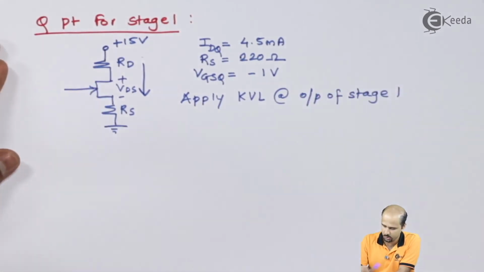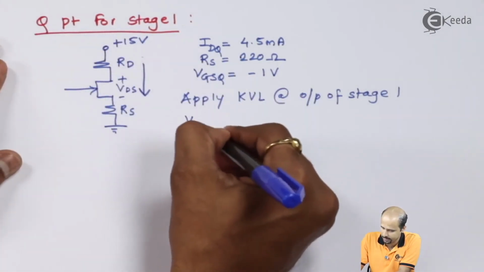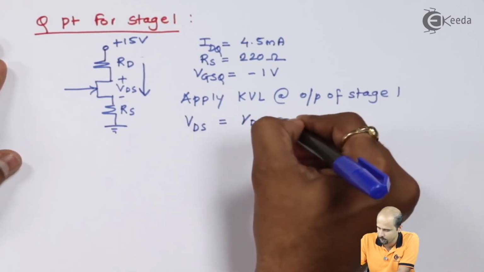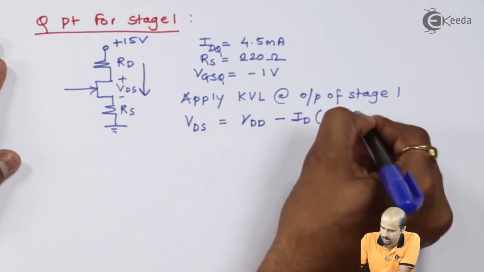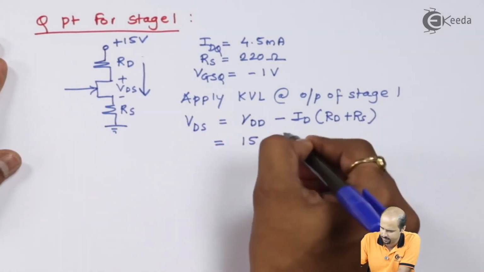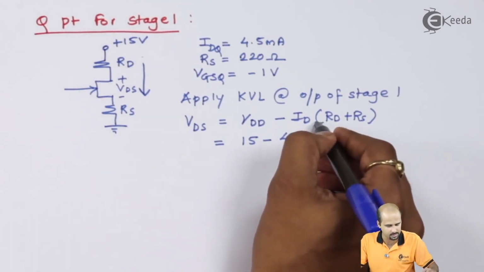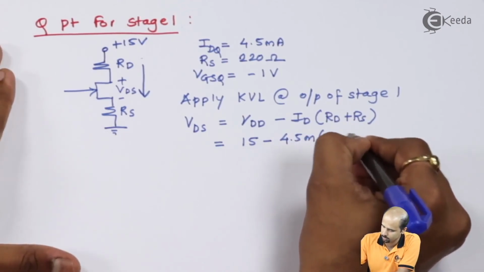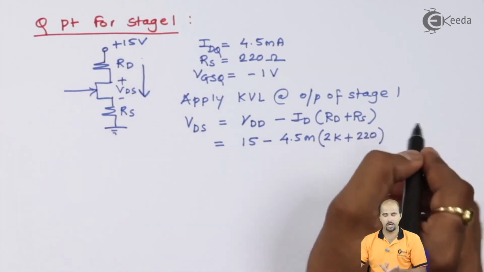Once we go for the KVL calculation at the output of stage 1, we'll get to know that VDS is equal to VDD, that is 15, common for stage 1 and stage 2, minus ID into (RD plus RS). So this is 15 minus ID value 4.5 milli, and RD value is given as 2 kilo ohm. So here we can say 2 kilo plus 220 ohm, and we'll have to calculate the value of VDS.